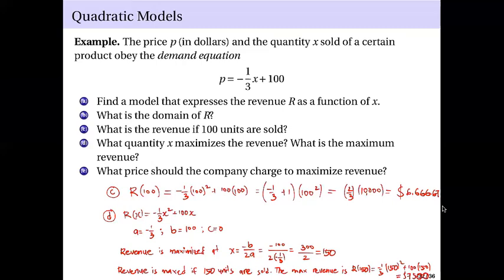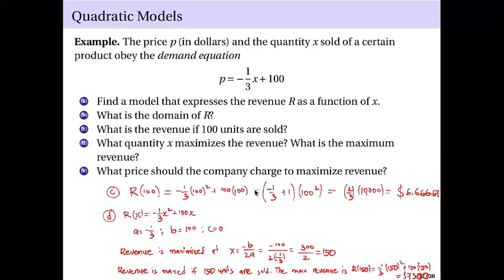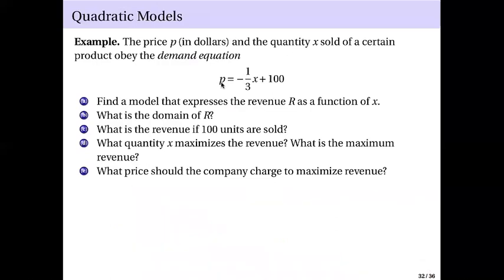And then, for the last problem here, what price should the company charge to maximize revenue? We found that the maximum revenue is obtained if we sold 150 units. So we just replace X with 150 and we will be able to solve for that price.